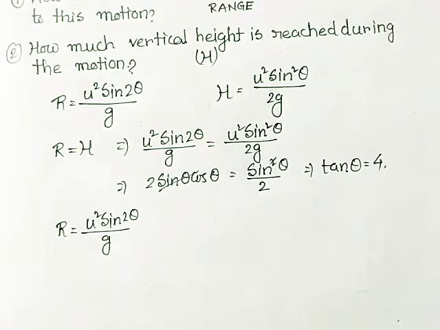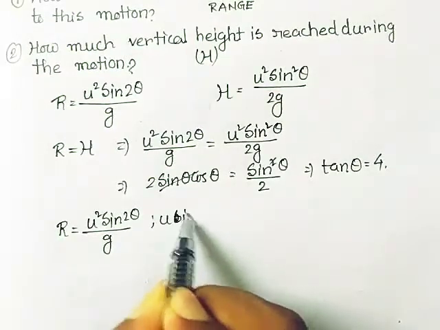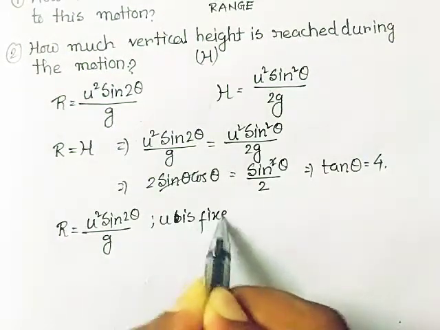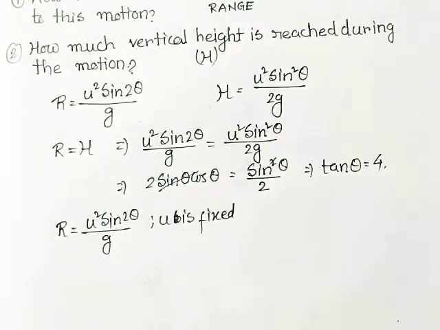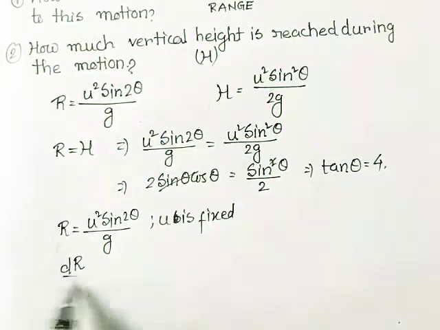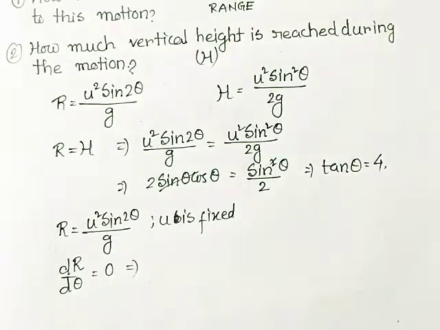If a particle is thrown, and if I say u is fixed, then only one thing can change, obviously theta, that is the angle of projection. If the angle of projection can be changed, then if I differentiate with respect to theta and make it 0, mathematically we can find out for which value of theta we will get the maximum.